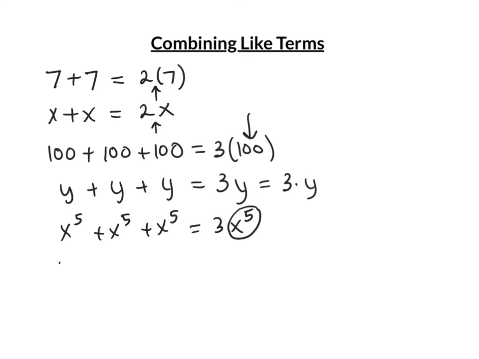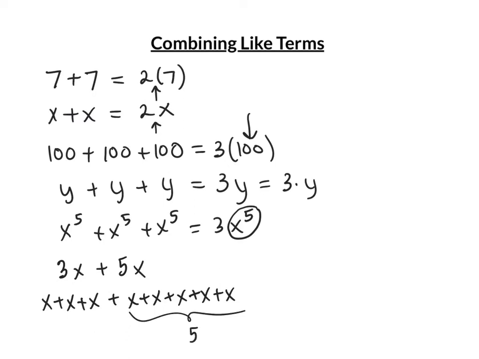If I give you a problem like 3x plus 5x, we know that 3x is x plus x plus x, there are 3 of them, plus 5x, there would be 5 of them. Notice 5 here and 3 here.